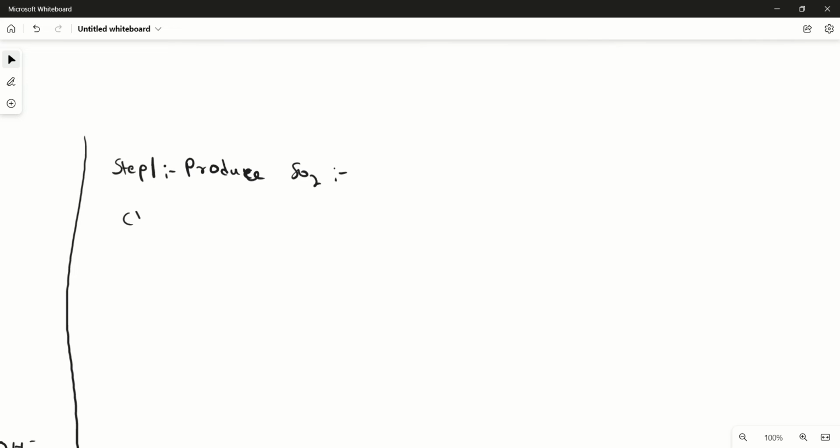The chamber is the sulfur or pyrite burners one, which is chamber B. Sulfur or pyrite burners, as a chamber, and now the conversion or the process.